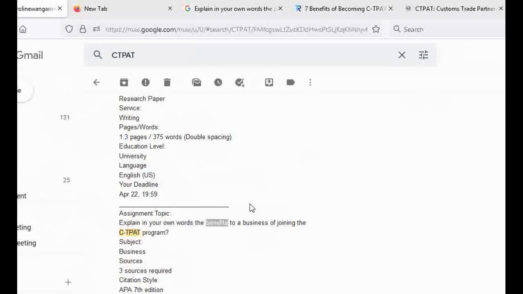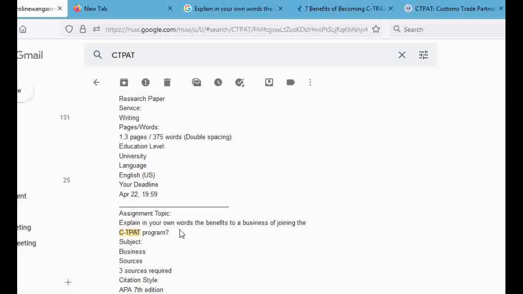So guys, the question here is the benefits to a business of joining the CTPAT program. We have already acquired this information from the internet, and the next step is to go and answer it. First, I want you to know that before you answer a question, even if it's a straightforward one, you have to assume that the student does not know anything about the question itself.